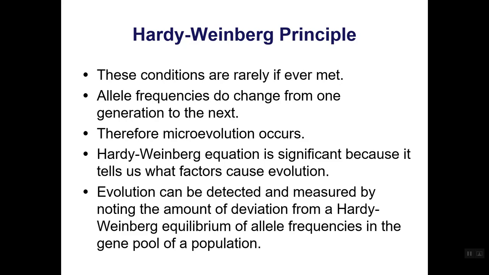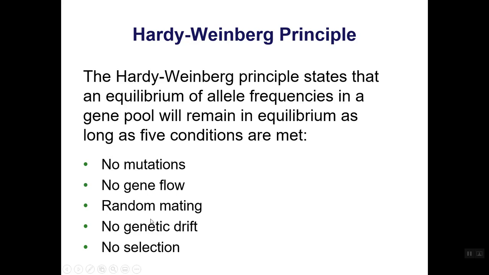Because, again, in the Hardy-Weinberg principles, there was no change in the allele and genotype frequencies from generation to generation. Again, that's not how things really happen, because we do have changes there, because none of these characteristics are ever met. We know there's new mutations that have to happen because DNA polymerase isn't perfect.